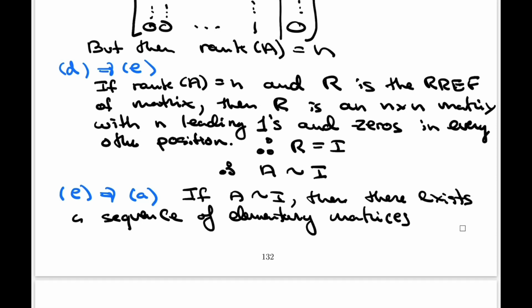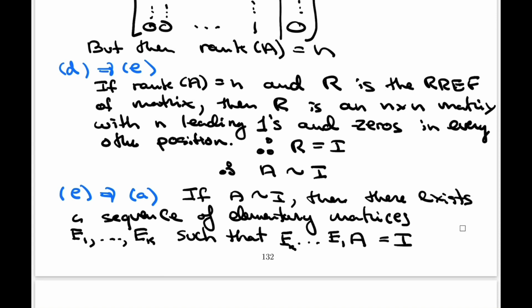We've seen propositions that tell us this is true: a sequence E1 all the way to EK, such that when left multiplied in this order by A, they give us I.